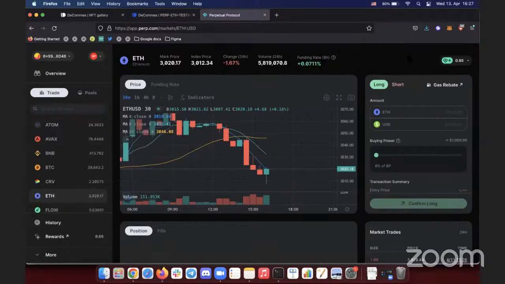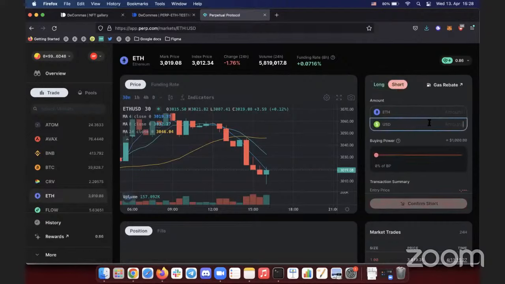Here the 8-hour funding rate is positive, but you would also need to consider what the funding rate was for the last 30 days and the last 7 days. If you find that the funding rate has been positive over a certain period, meaning market price is higher than index price for a long time, then you would be able to open a long on Uniswap, basically just buy the token, buy Ethereum, let's say, to make sure that we covered this case.